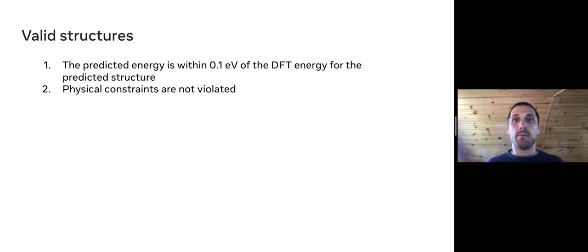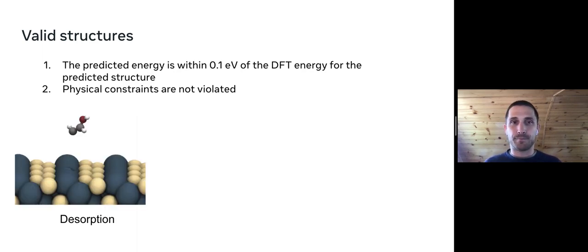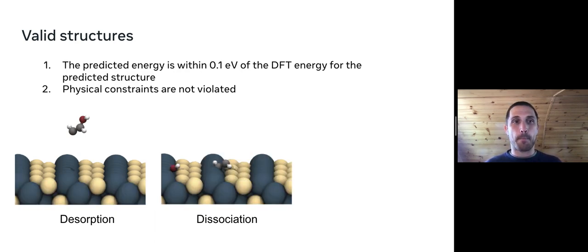A second requirement to be considered valid is that none of the physical constraints of an absorption energy calculation are broken. So first is desorption. If the adsorbate is desorbed from the surface, it's no longer the absorption energy that we care about. Then we have dissociation, where an adsorbate actually breaks apart.